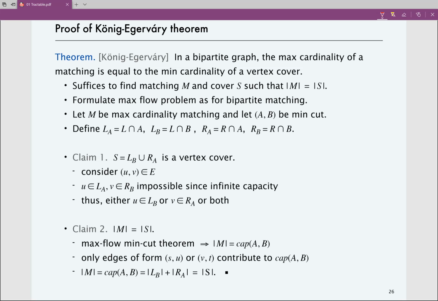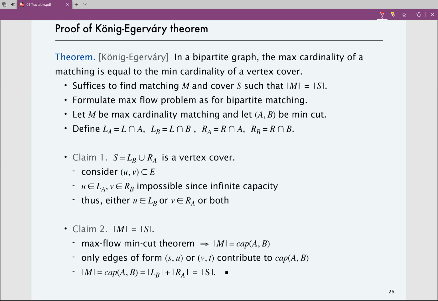LB is the left nodes intersect B, RA is R intersect A, and RB is R intersect B. Now the claim is that if we take S equals LB union RA, then this actually gives a vertex cover.